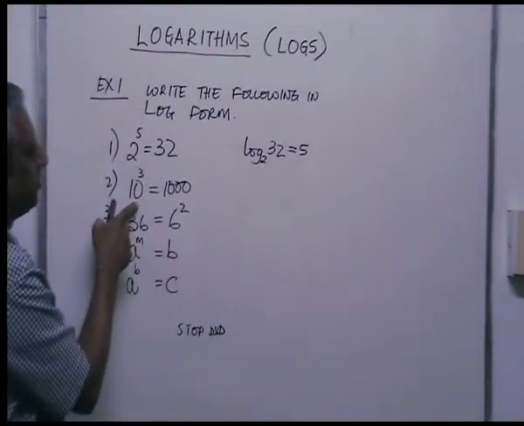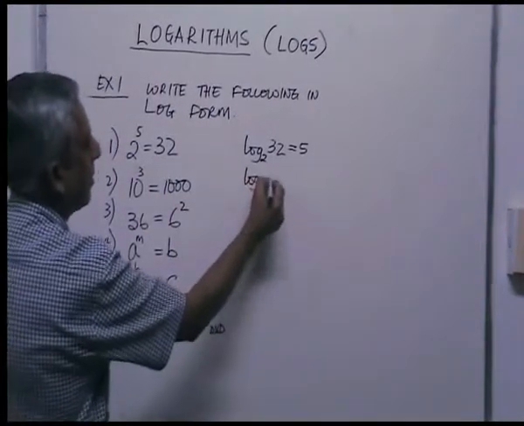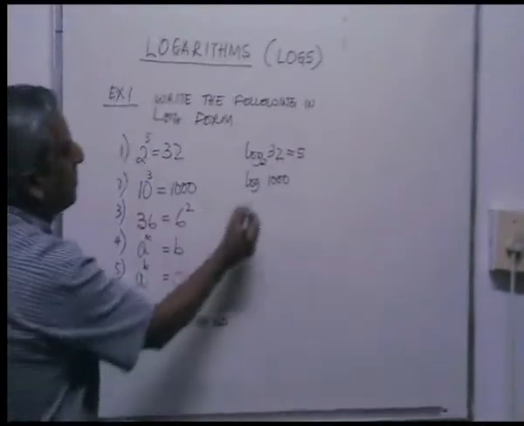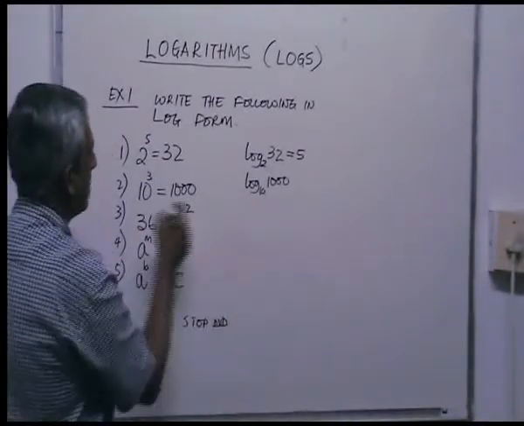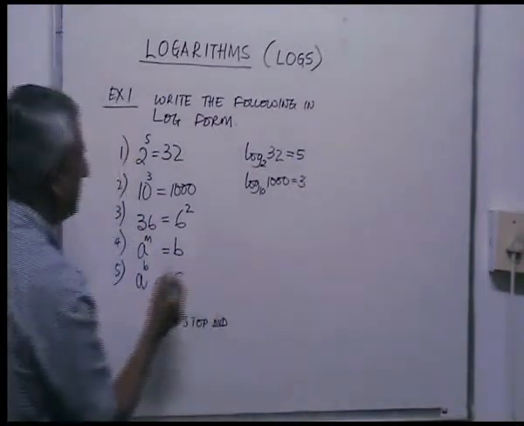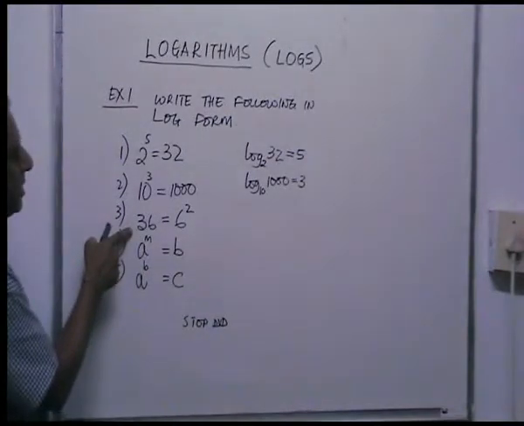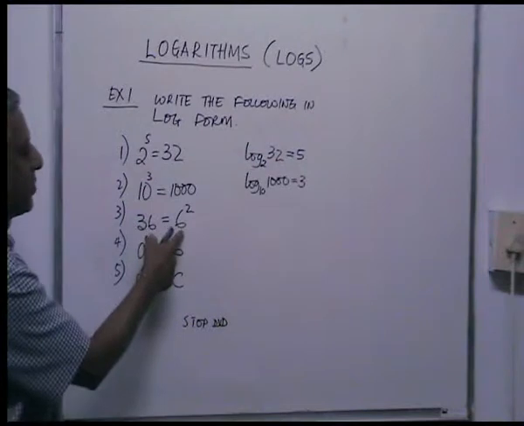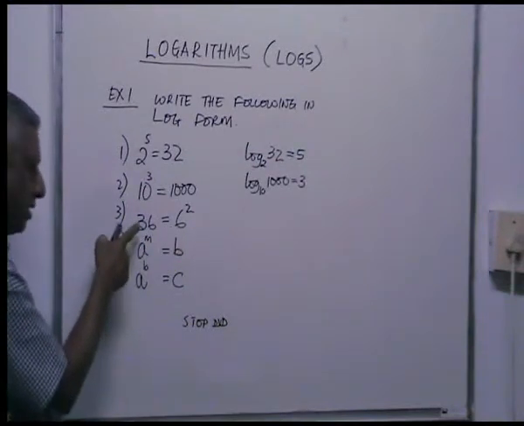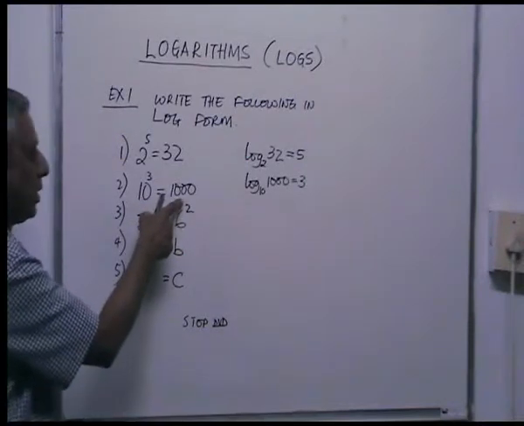Number 2, the log of 1000, the number is 1000, log of 1000 to the base 10 is equal to 3. Number 3. Now, in this question, we just wrote it the other way. 36 is equal to 6 squared, which you agree is correct. So 36 is the number. So the log of 36 to the base 6 is equal to 2.